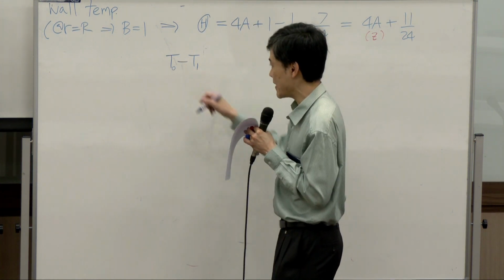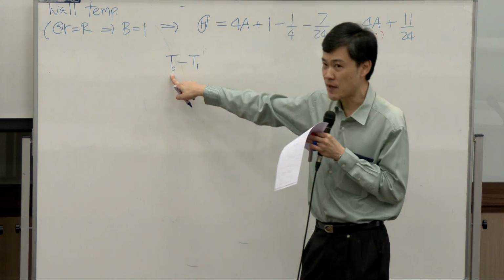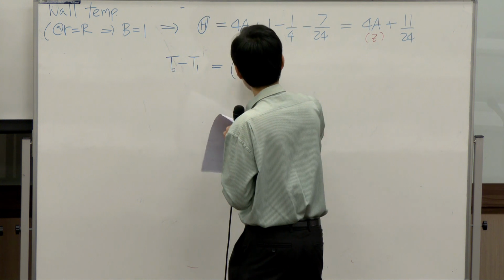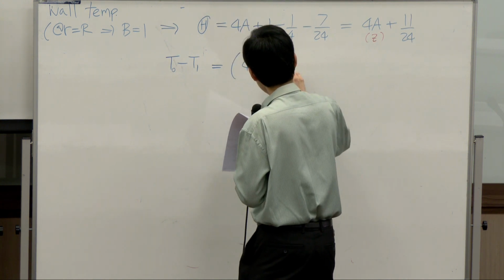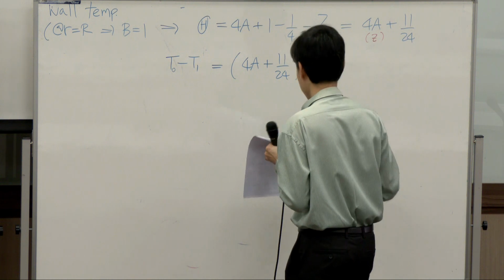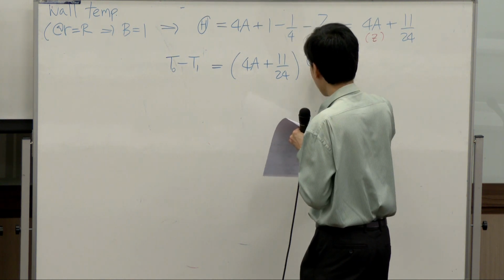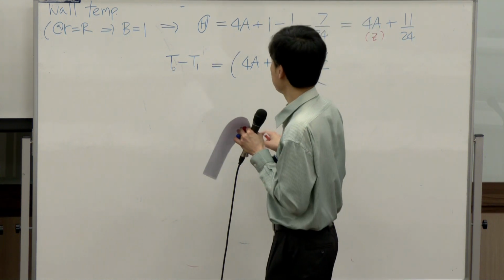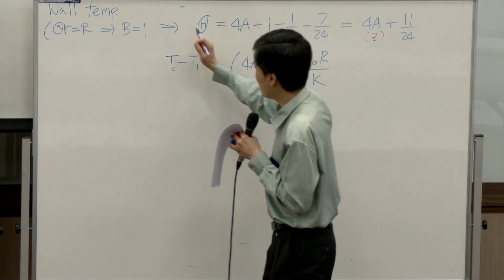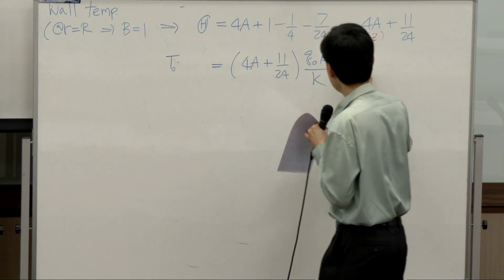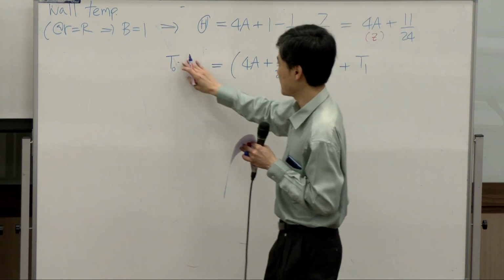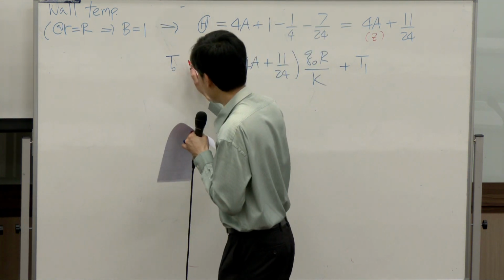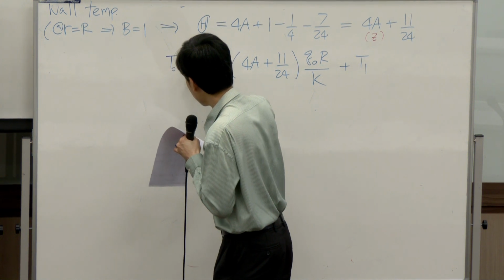Of course, you have to realize T0 here is changing with respect to Z. That would equal 4A plus 11/24 times Q0 R over K. All right? In other words, I can move T1 from here to this side. That will be my wall temperature. And I want to make sure that you understand that this is a function of Z.